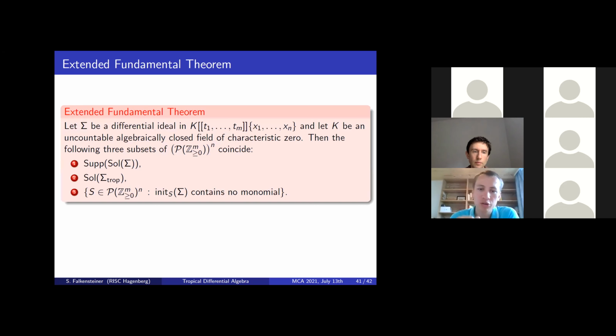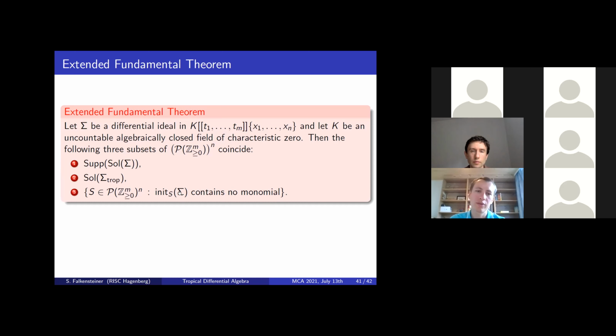And with this notion of initials, we can extend the fundamental theorem by taking a look at those support sets where the initial does not contain a monomial. As you saw, if there is a monomial, it only has trivial solutions.